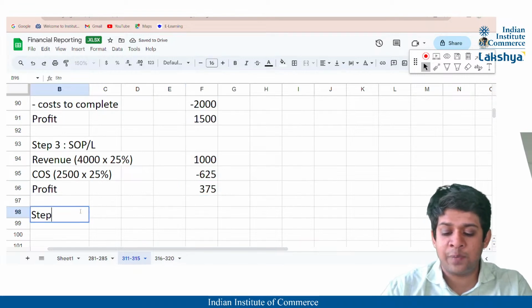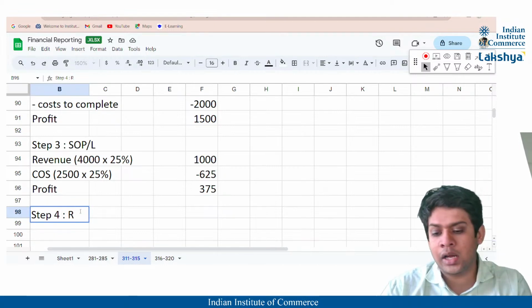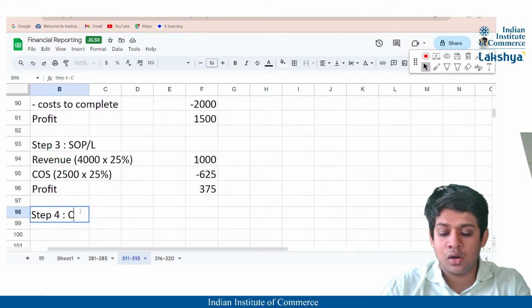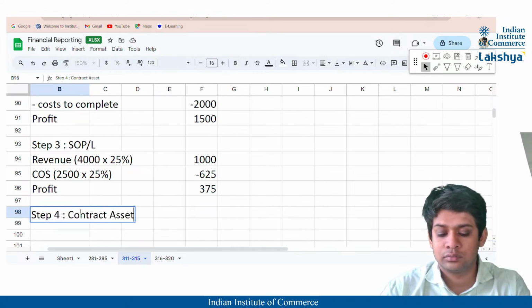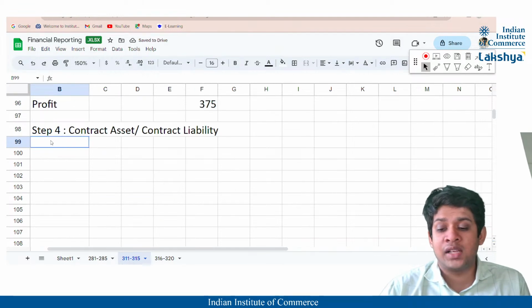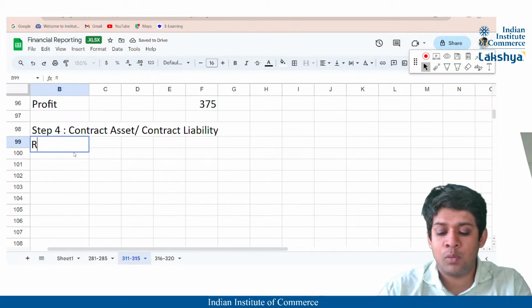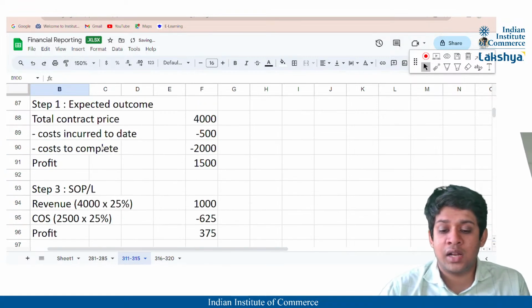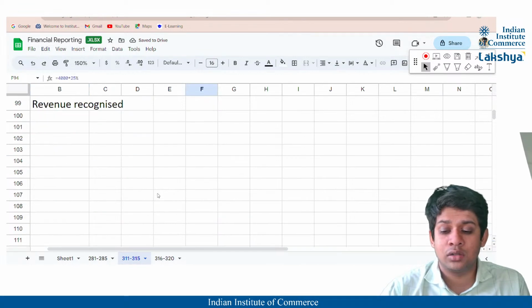Now we'll calculate step 4, that is revenue to be recognized. Sorry, that is the contract asset or liability. Within step 4, guys, whatever is the revenue recognized. How much is the revenue recognized? 1,000.